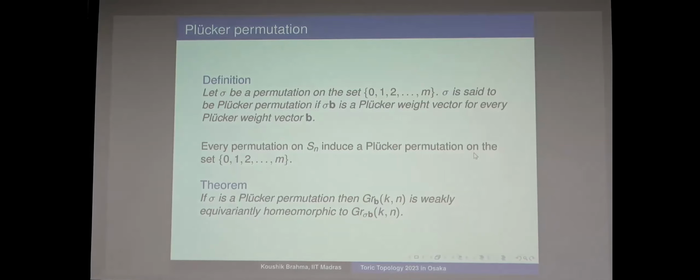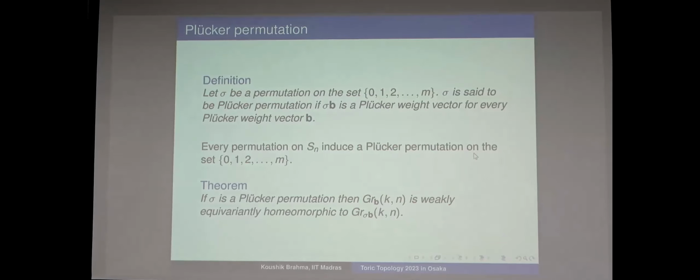This theorem has huge applications to computing the torsions, like reducing the torsions from the equivariant integral cohomology ring, because this homeomorphism will induce many different cell structures on this weighted Grassmannian, but I will not go into that.